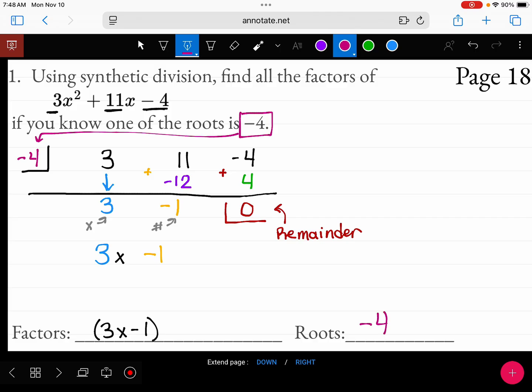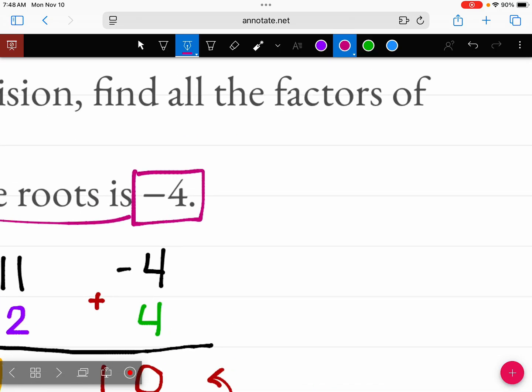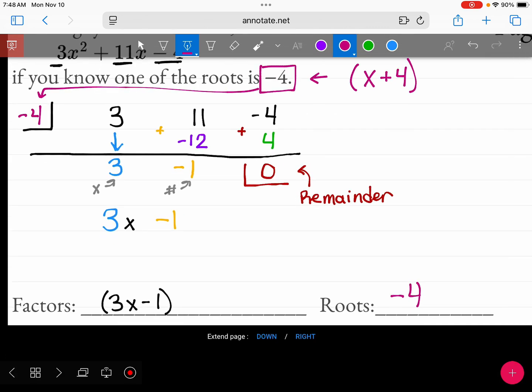What is the factor for that root? X minus -4. So our root's going to be that x plus 4. So our factor is going to be x plus 4. So if I multiply back together that 3x minus 1 and x plus 4, I should get exactly the 3x squared plus 11x minus 4. And that's another way you can check.